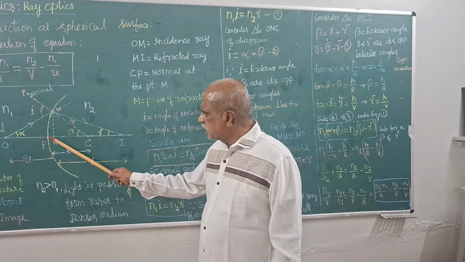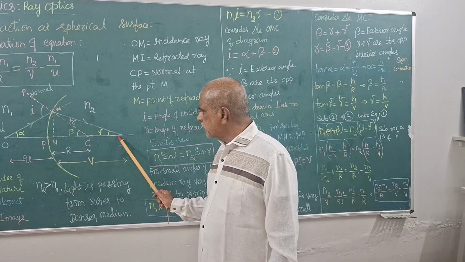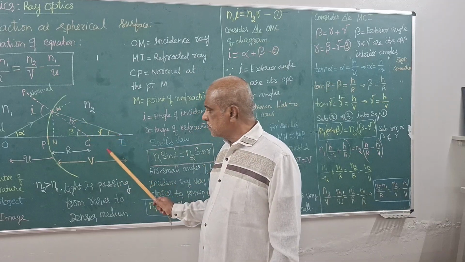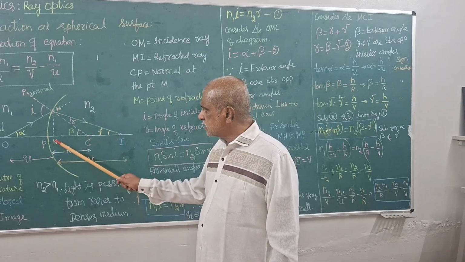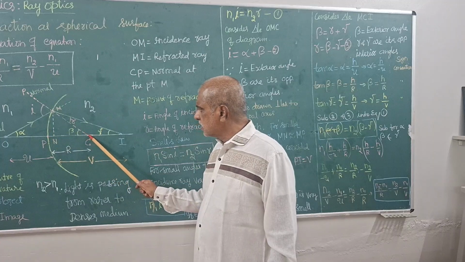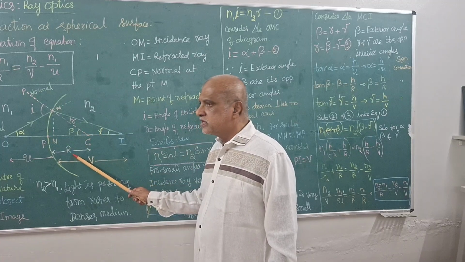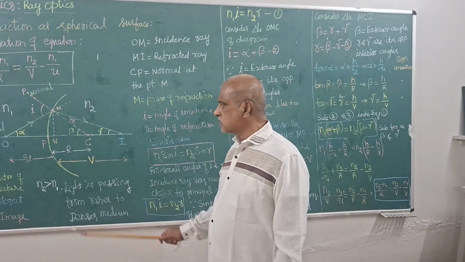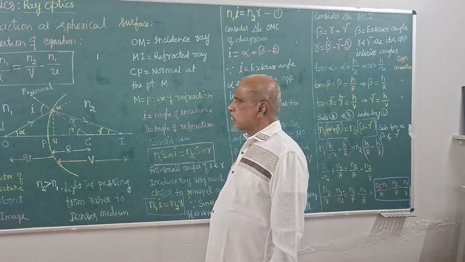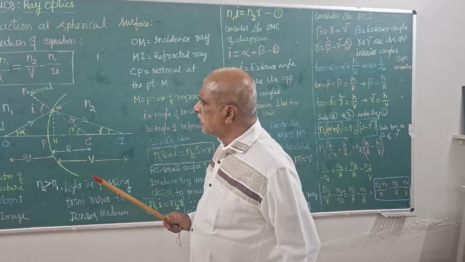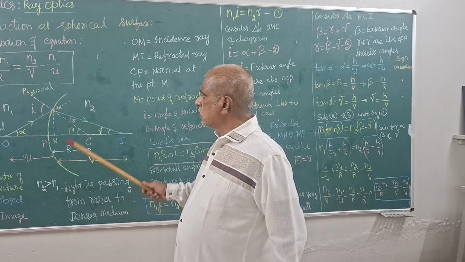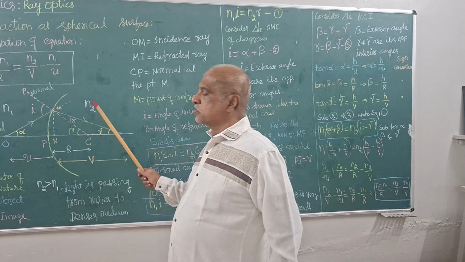And the distance between P and I is called the image distance, the symbol is V. And the distance between P and C is called R, the radius of curvature. These are the symbols we are using. And these parameters are variables. I told you, if one changes, the other also changes.